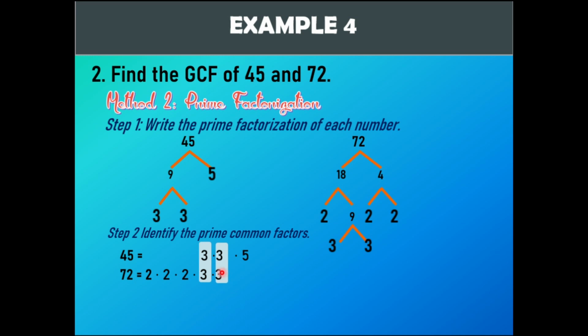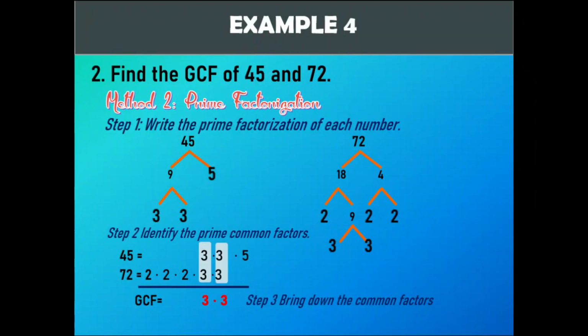Now let's encircle the common factors. So we have here 3 and 3. For step number 3, bring down the common factors. So the common factors, or the GCF, is 3 times 3. Step number 4, multiply the common prime factors.